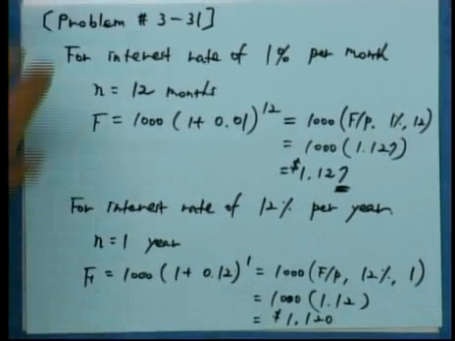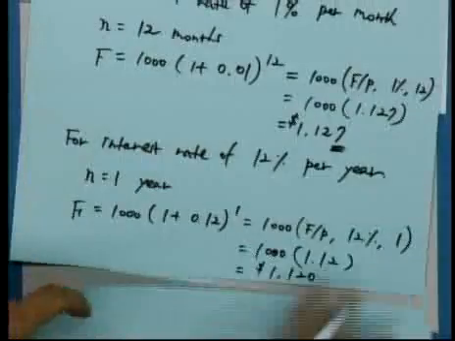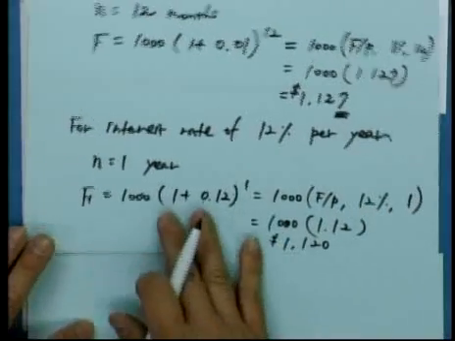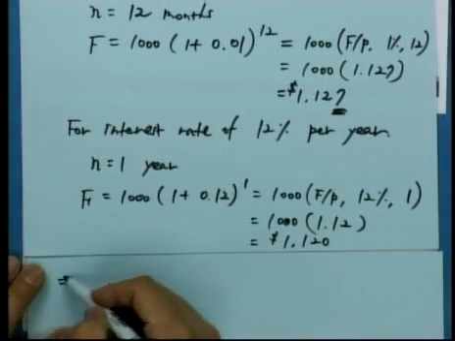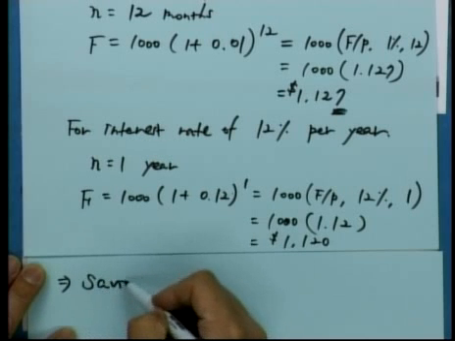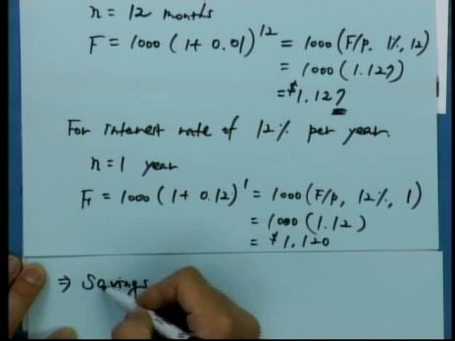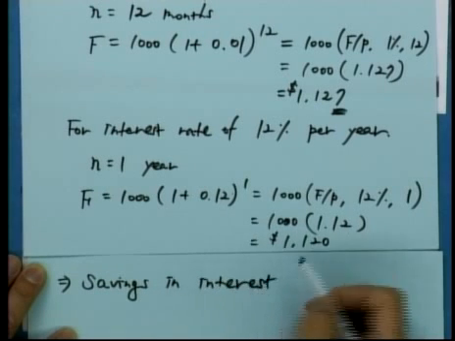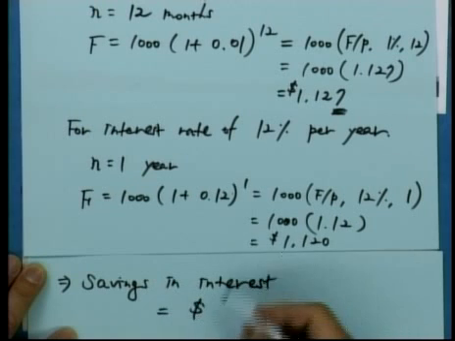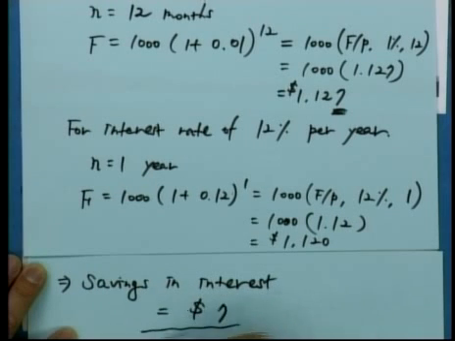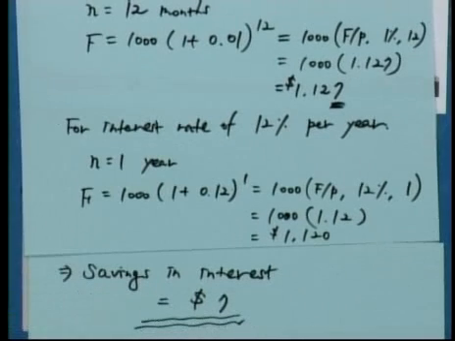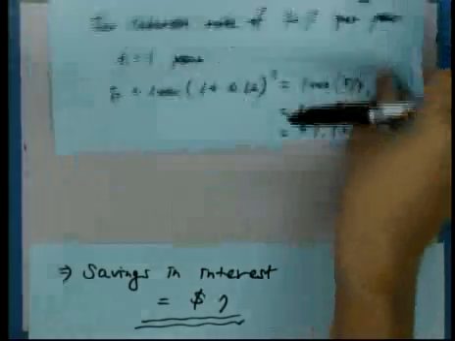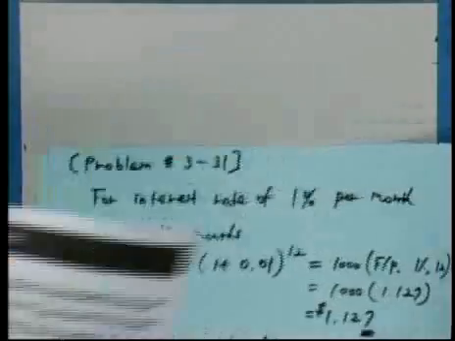So the savings in interest would be $7. Okay? So this is problem number 3-31.